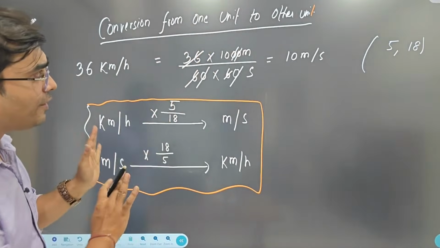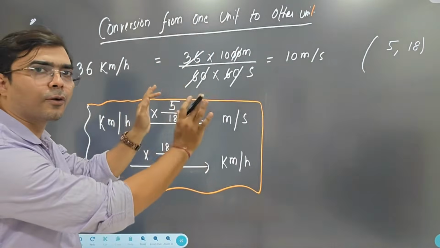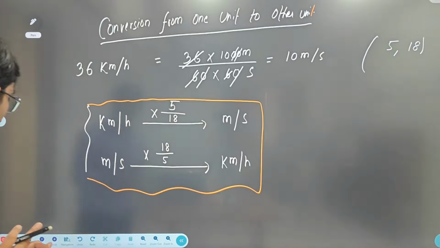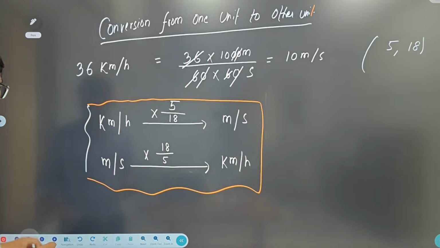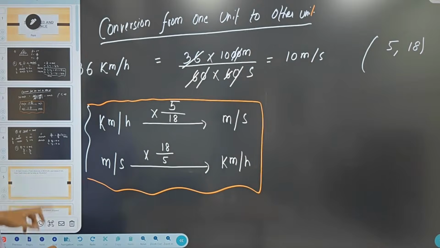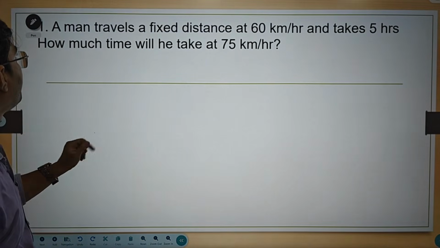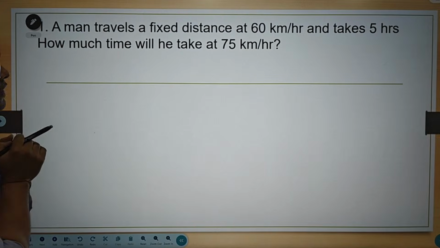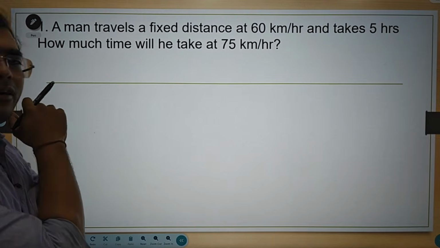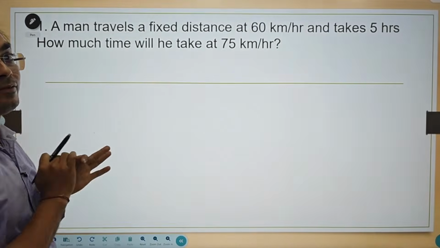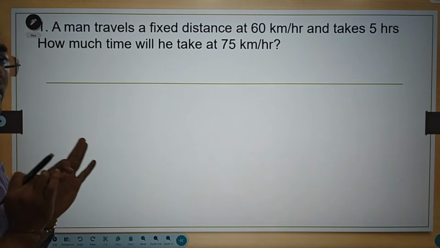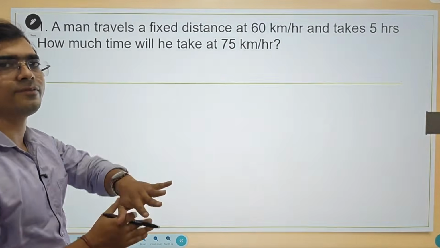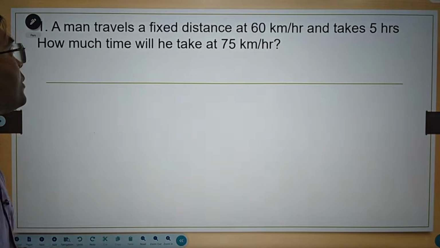So before we go to the next concept, let's have some problems based on this concept. Okay, the first problem, we'll start with a very simple one. Again, there are different ways to solve this, but I'm fixed on only one concept: when distance is fixed, when speed is fixed, when time is fixed, how to solve the problem.